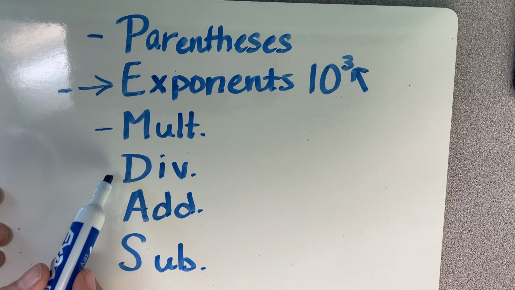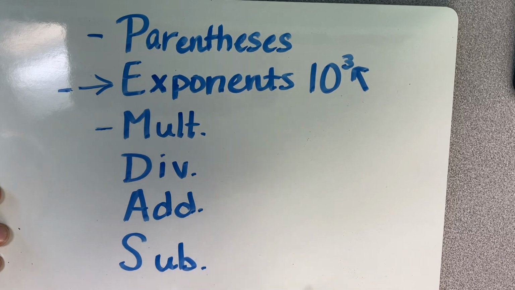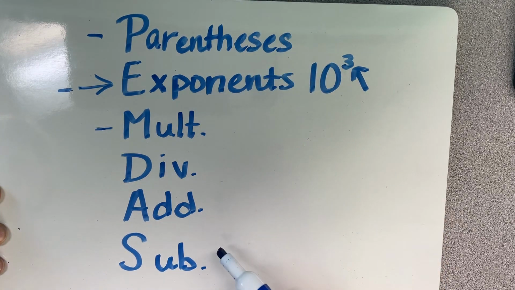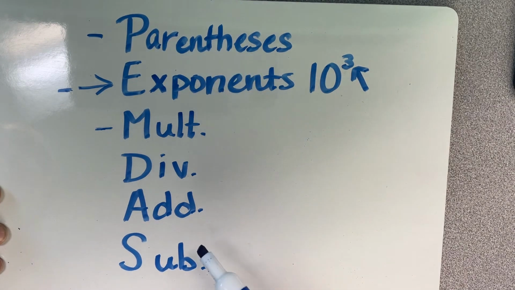If there was division, we would divide. And then if there was addition, we would add. And then maybe that's where we stop. Maybe those are the only two functions we have to do in our problem. So remember, you do have to go in this order, but if one of these is not in your problem, you don't have to do that step.